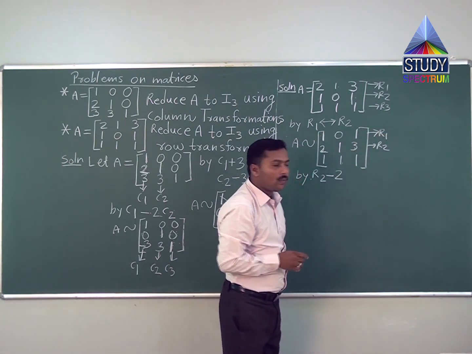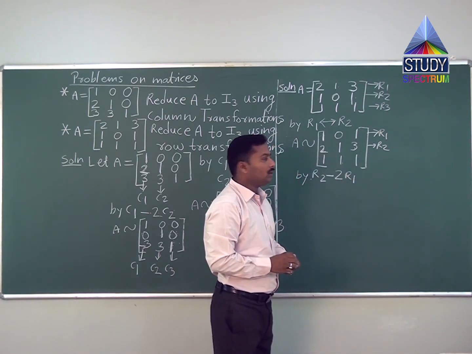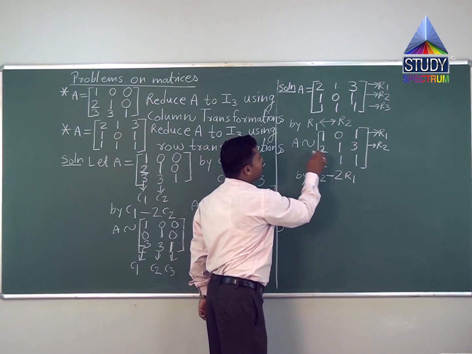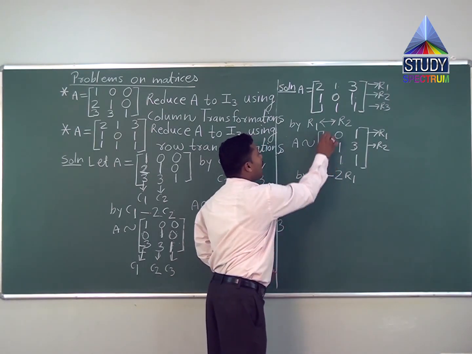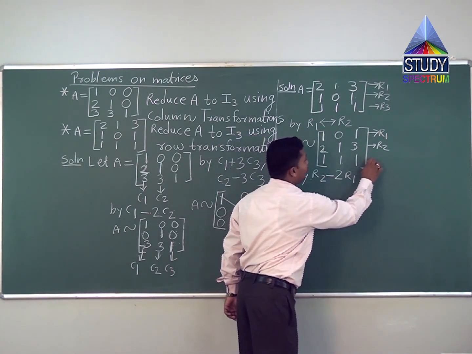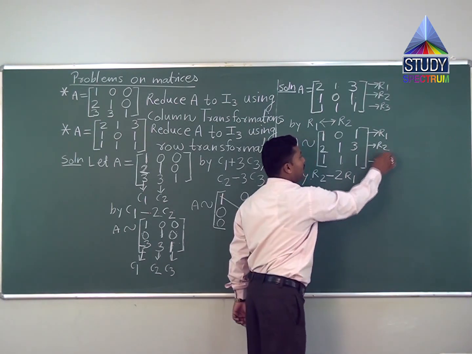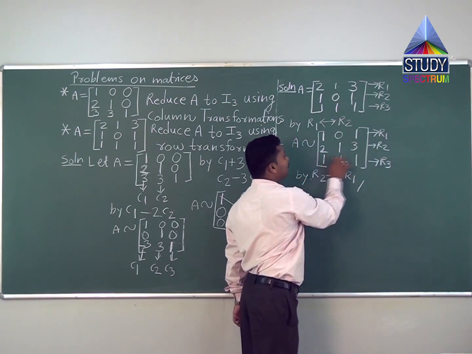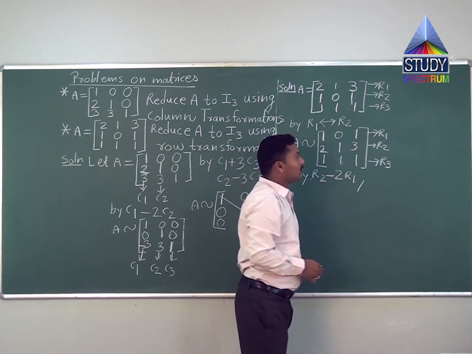first row R1. So here is R1. Same, here is a 1. So 1 minus 1 is 0, and therefore we directly write R3 minus R1, because this 1 is a member of the third row and this one is a member of the first row.